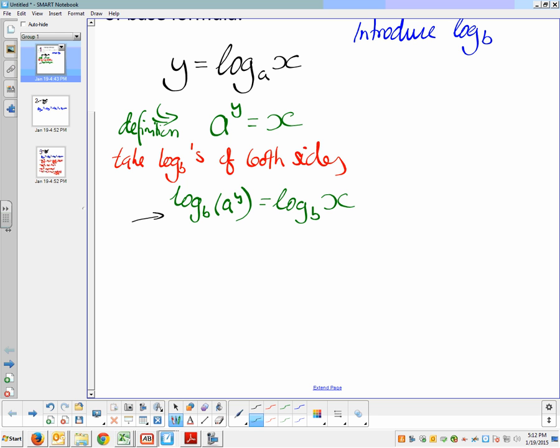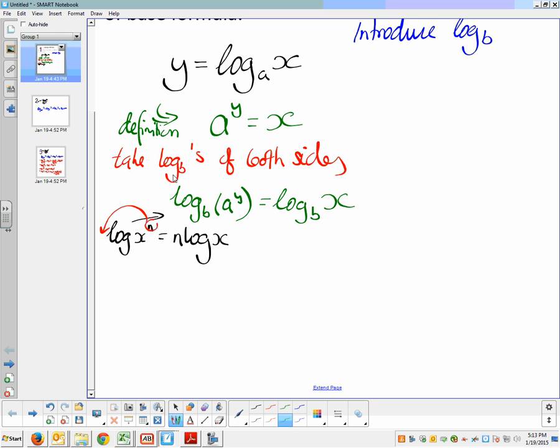We had a look earlier at our log laws. In particular, we're going to use this one, that log of x to the power n, you can bring the power down. That becomes n log x. Those two things are identical.